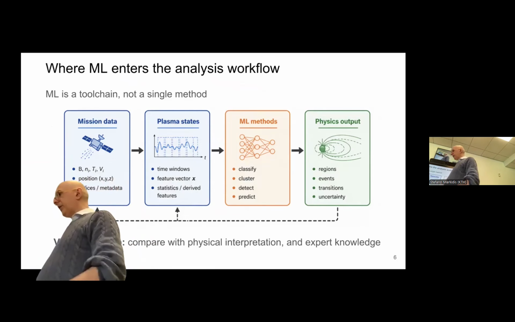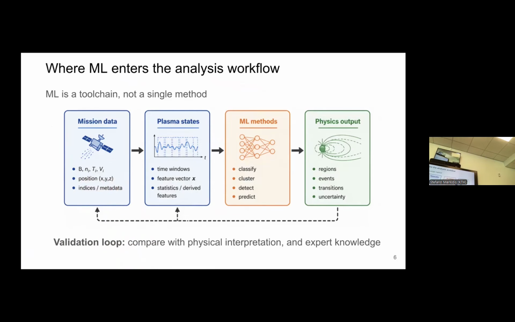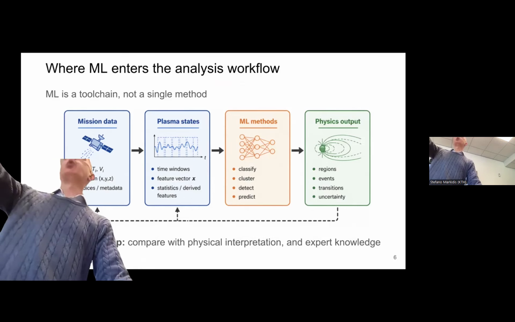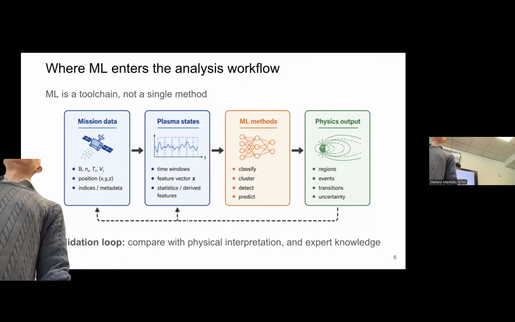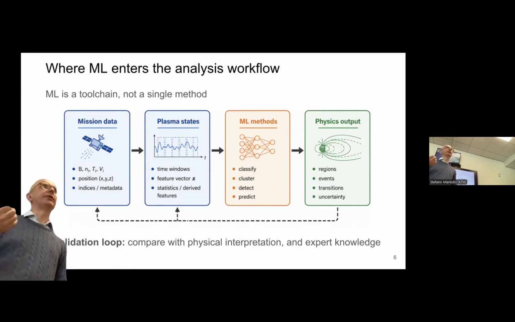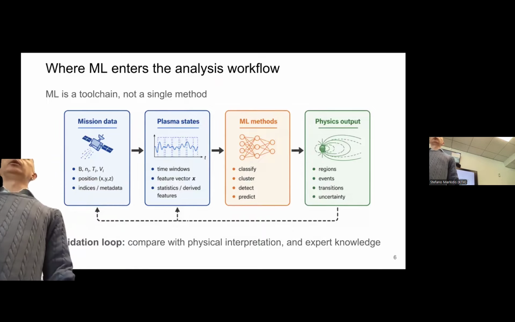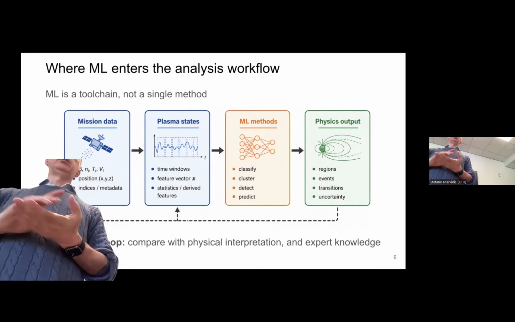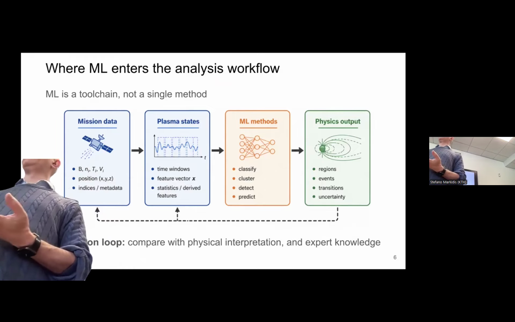So where, as a space physicist, does machine learning come in? Well, it's important for you to understand that machine learning itself is a workflow, right? It has quite a few steps. It is very tedious engineering work, but it is engineering work that you need to do with discipline, because otherwise it's very easy not to get something meaningful out.